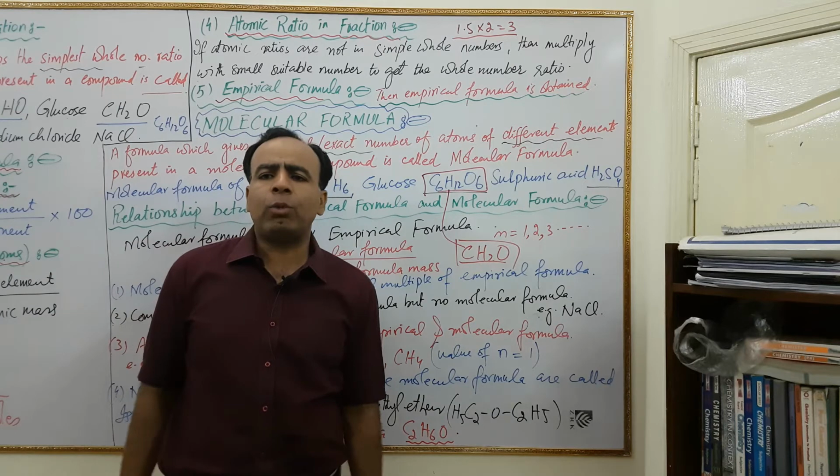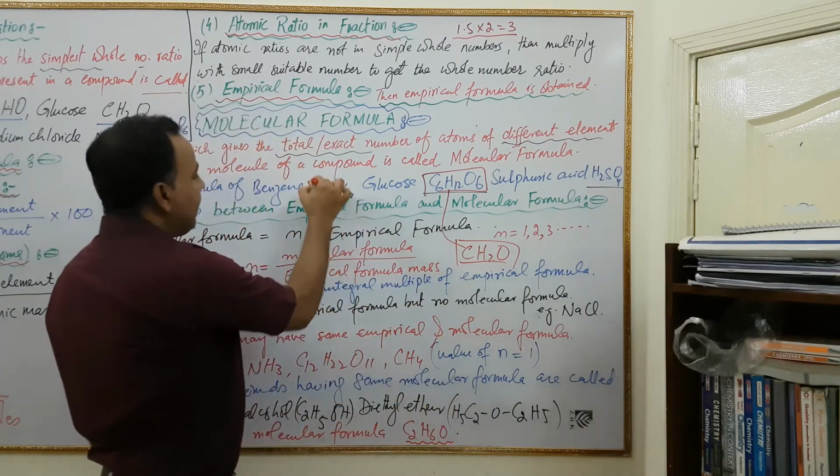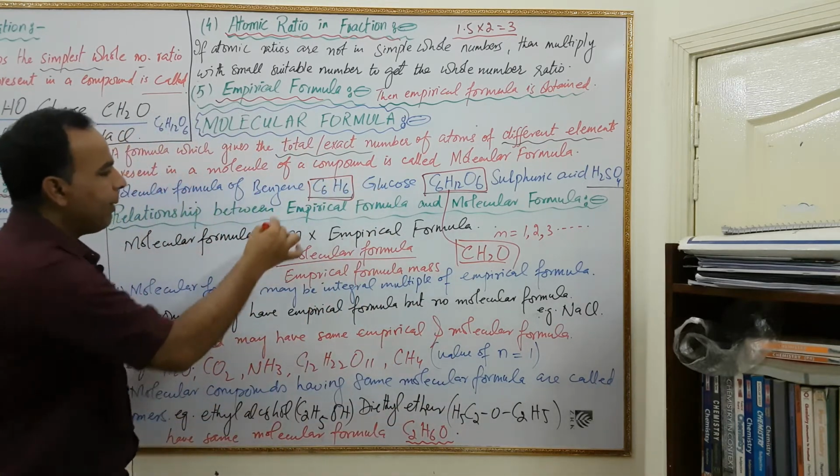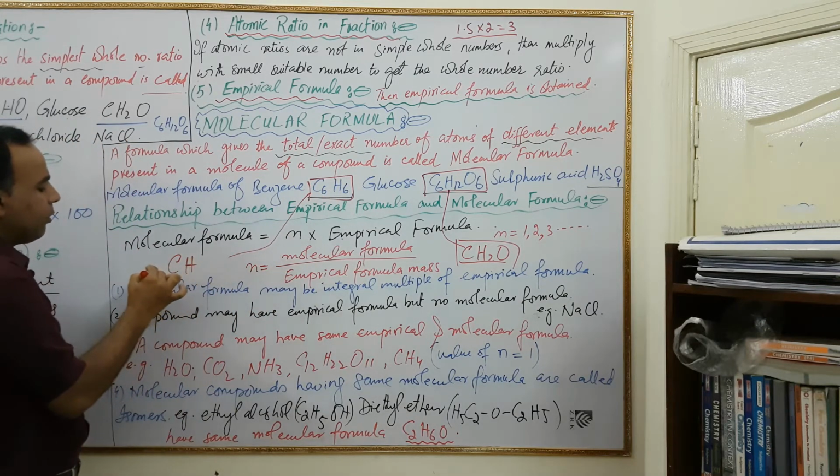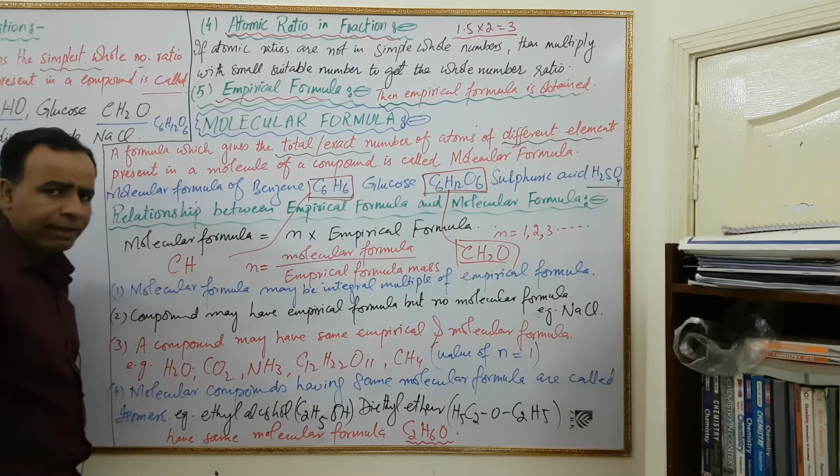The molecular formula of benzene is C6H6, while the empirical formula of benzene is CH. That is, we have divided it by 6.